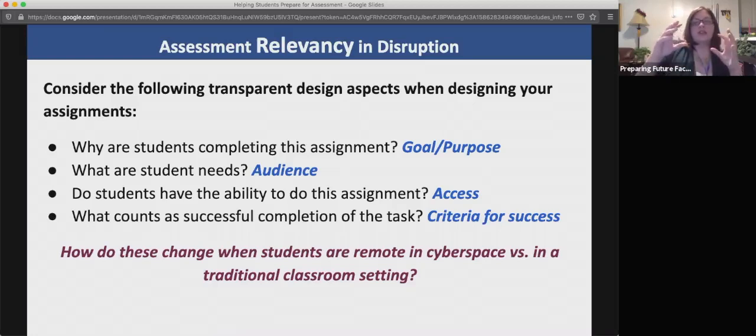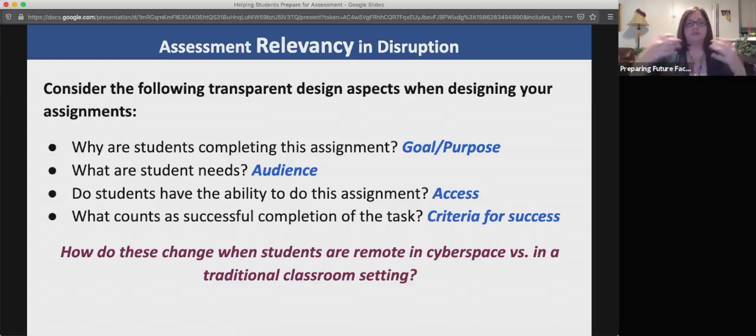What you're seeing on the slide is a very abbreviated version of something that we call transparent design. Essentially, in transparent design, the assessment or assignment should be clear in its goal and its purpose. Why are you having students complete this assignment? Is it connected to the class?